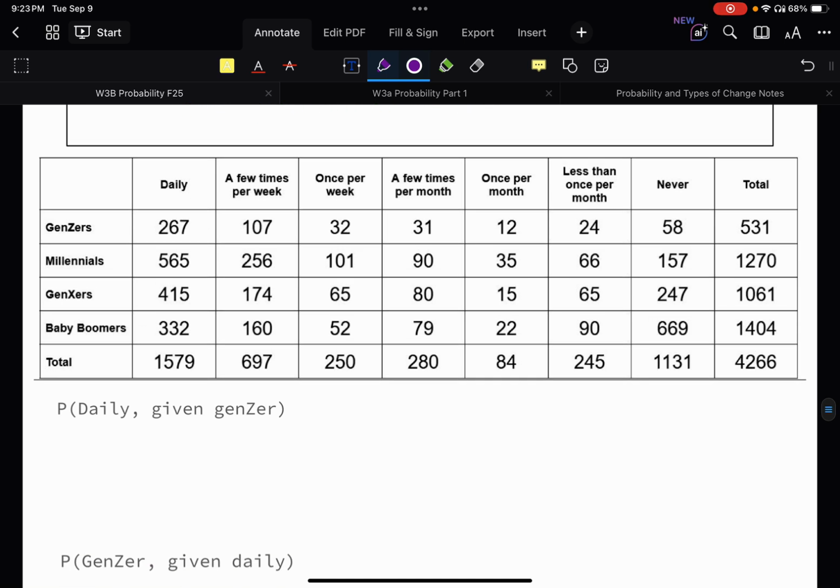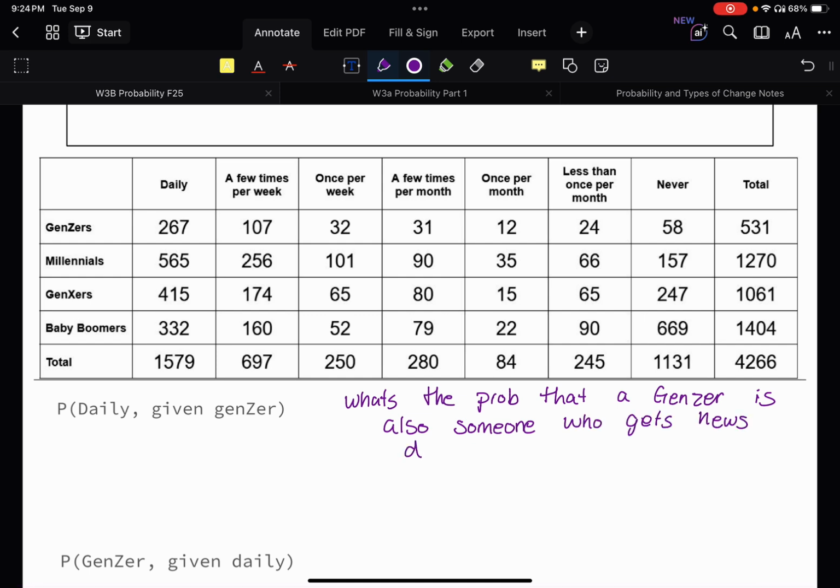So what you might see here is, what's the probability that a Gen Zer is also someone who gets news daily from social media?